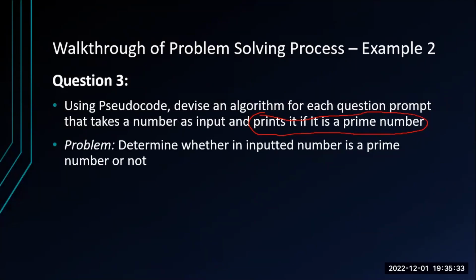So example 2 from last week was this question here. So devise an algorithm that takes a number as input and then prints it if it's a prime number. So here you can see the problem would be to determine whether the inputted number is a prime number or not, and then return to the screen, since that is what is being asked of us right here.